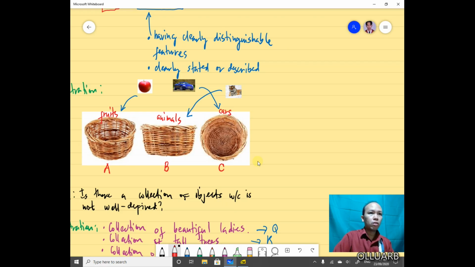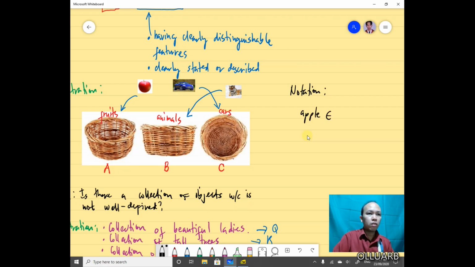Let's have a notation. For example, we have an apple.